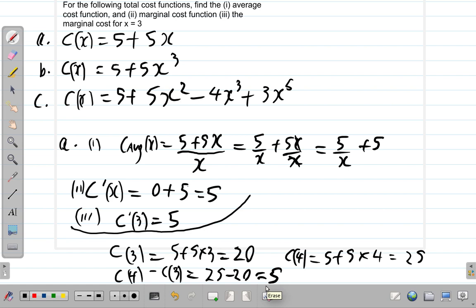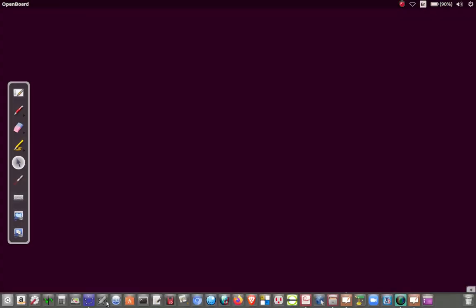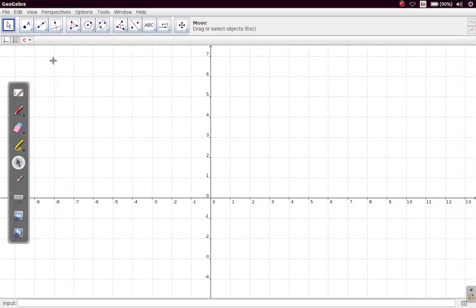Now in this case, we see that the marginal cost when you use this total cost function and subtract is equal to the marginal cost using the derivative. Let's examine this thing using a graph. 5 plus 5x. We want to plot the graph of 5 plus 5x. Aha, there we have our line.